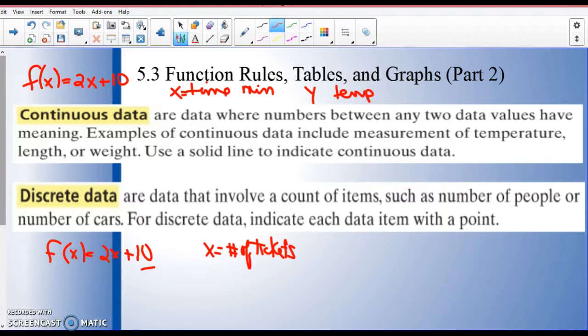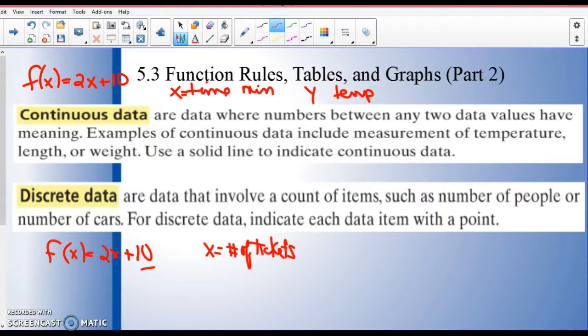No. $12.10 doesn't mean anything on this particular set. Each ticket costs $2. So if you buy 0 tickets, you're paying $10. If you buy 1 ticket, you're paying $12. If you buy 2 tickets, you're paying $14. That is discrete data with the same exact equation. Up here, that was a continuous data set, same exact equation, but x and y mean something different.